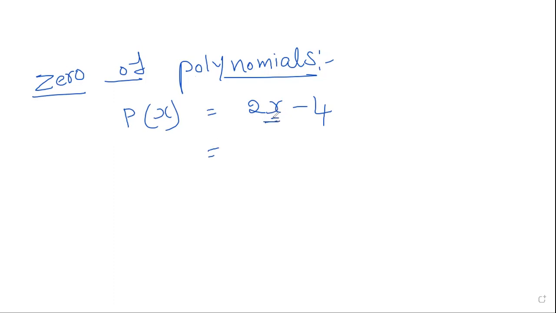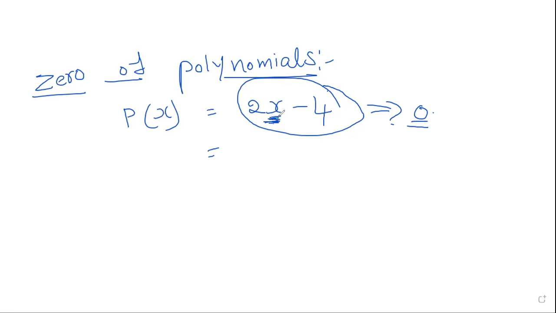Whatever value you substitute for x that gives the answer 0, we call it the zero of the polynomial.